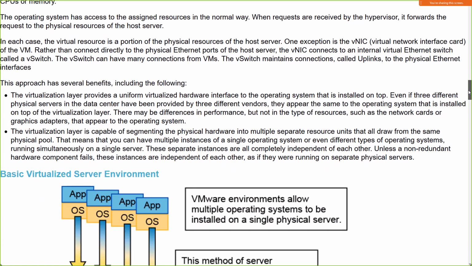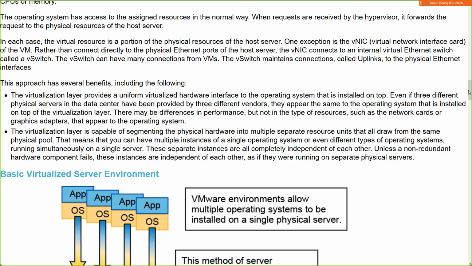The operating system has access to those assigned resources as if they were physically part of that particular virtualized platform, but in reality, that's not the case. Obviously, we're limiting what is available to that particular client.